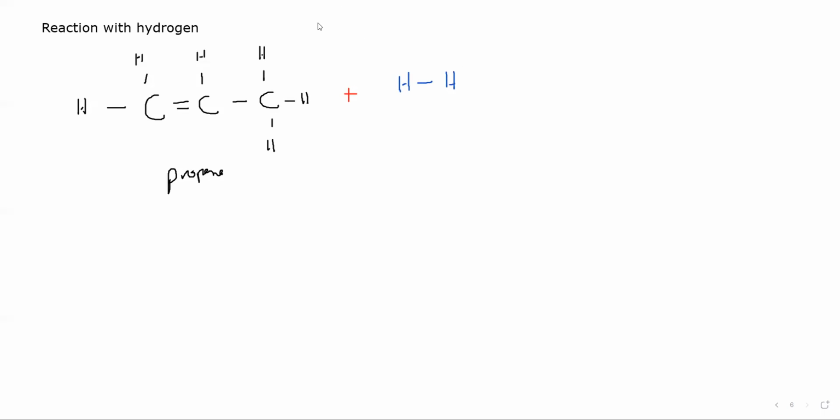So when they react with each other, the first thing that happens when alkene reacts is that the double bond will break. So first, you draw the same structure, but without a double bond. Now what happened?